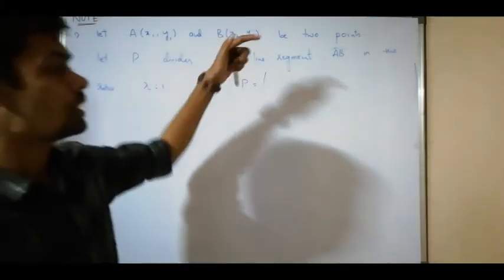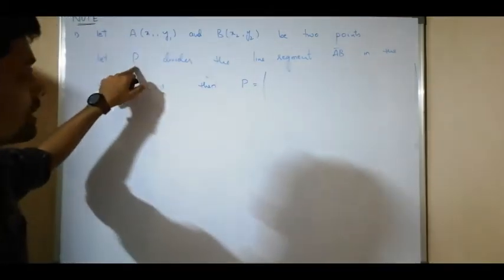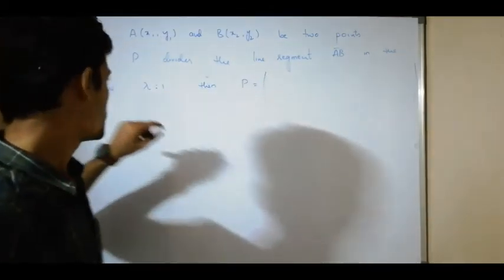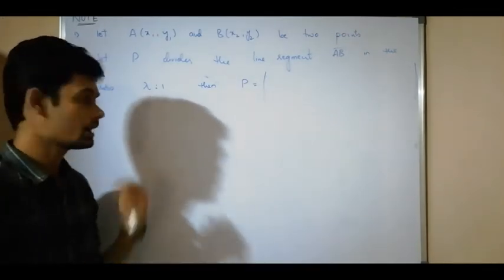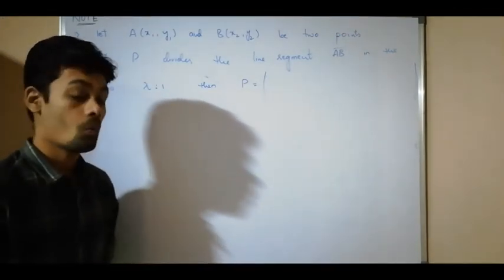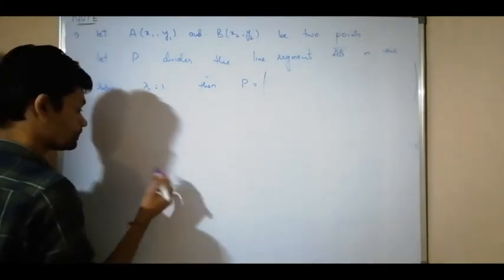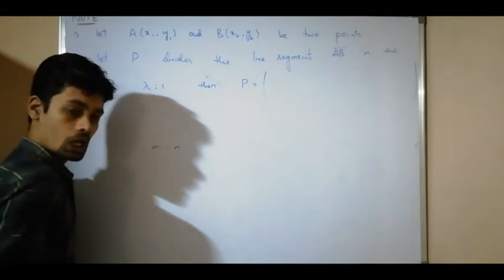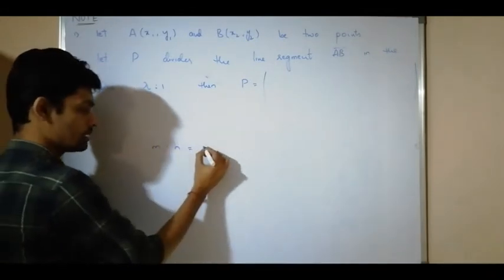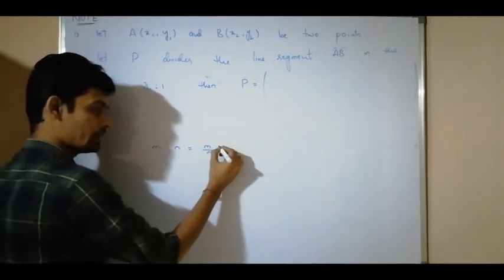A and B are two points, and P divides the line segment AB in the ratio lambda is to 1. Means in place of M and N, I took lambda and 1. How can I take this? M is to N can be written as M by N is to 1.